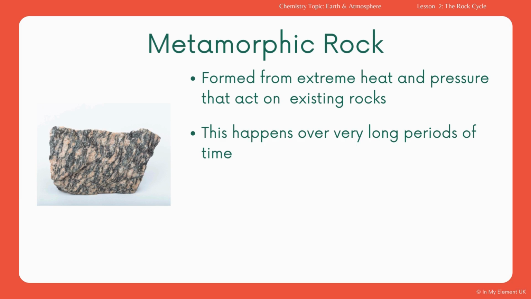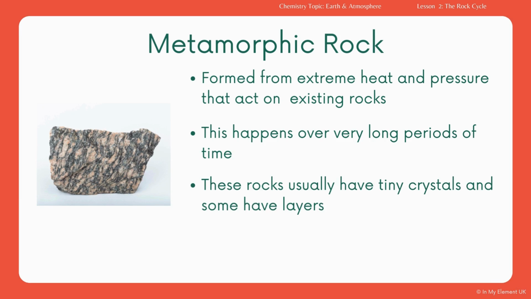Like with all of the formation of these rocks, it happens over really long periods of time, and they have tiny crystals, and they do have some layers, but their layers are formed really differently to how the sedimentary rocks have their layers forming. Now, the image there is marble. The two main examples that we'll give you for metamorphic rock are marble and slate.